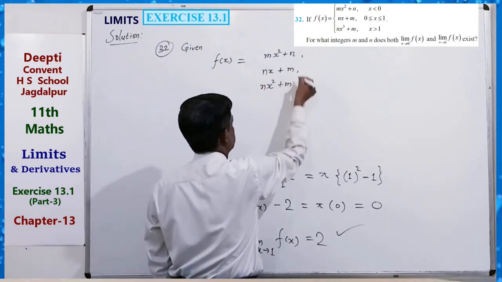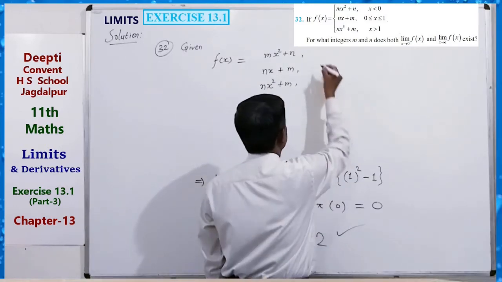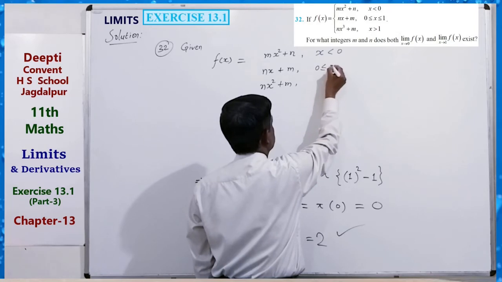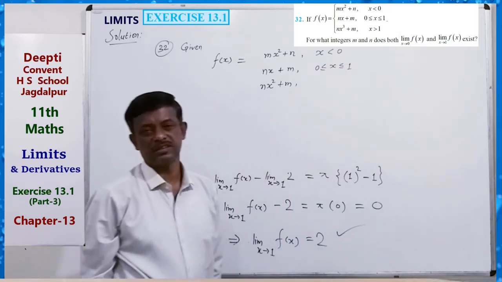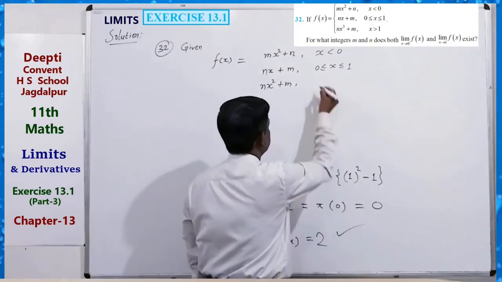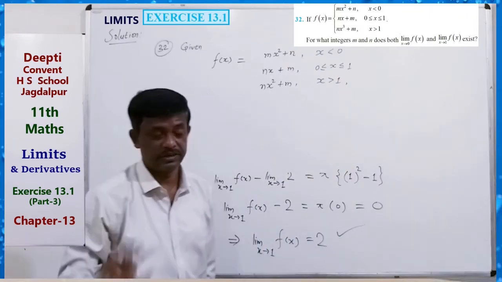Three values are given corresponding to x less than 0, 0 less than or equal to x less than or equal to 1, and x greater than 1. This is the given function.